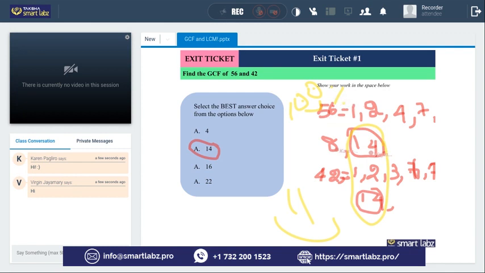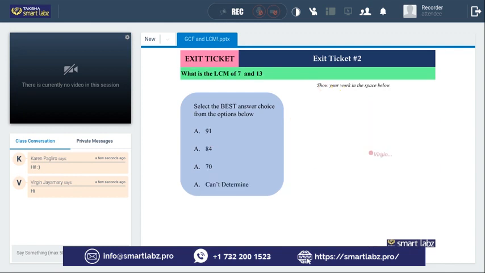Let's go on to the next page. What is the least common multiple of 7 and 13? 7, 1 times 2 times is 14, and 21, 28.